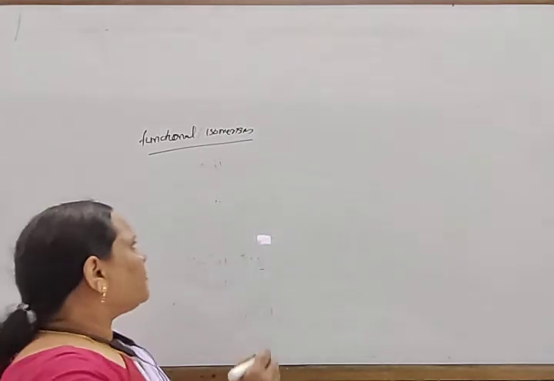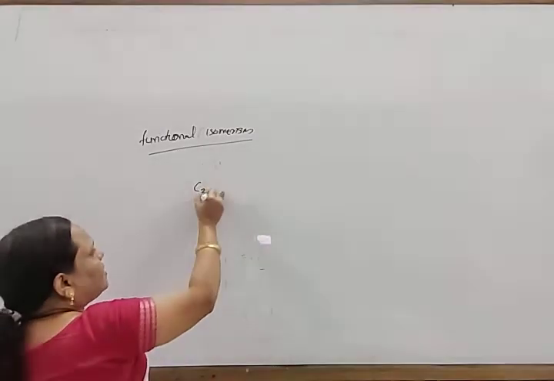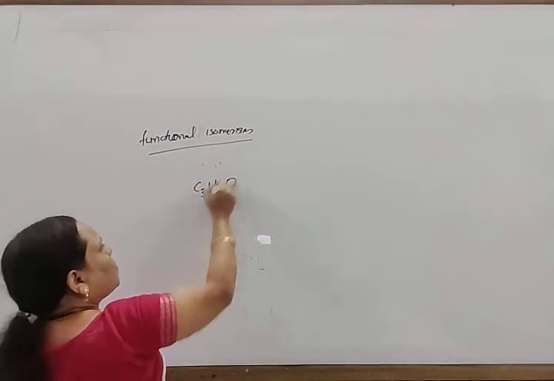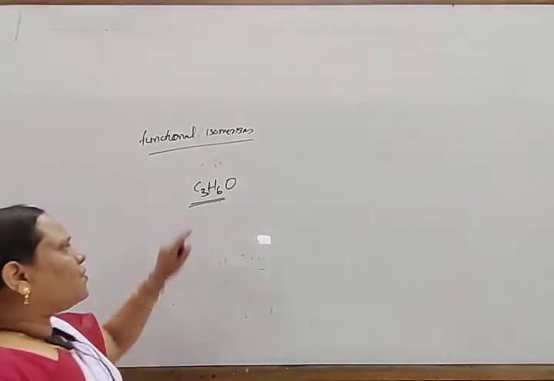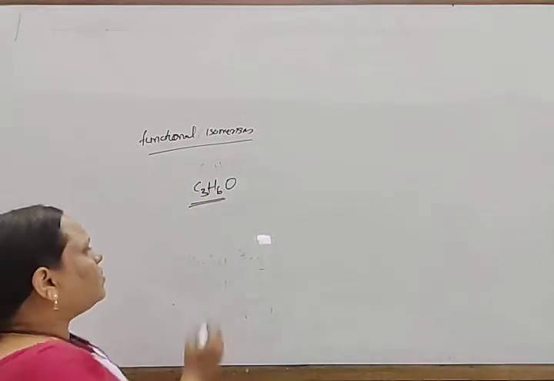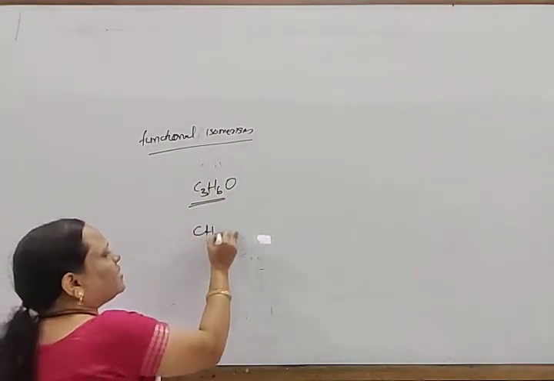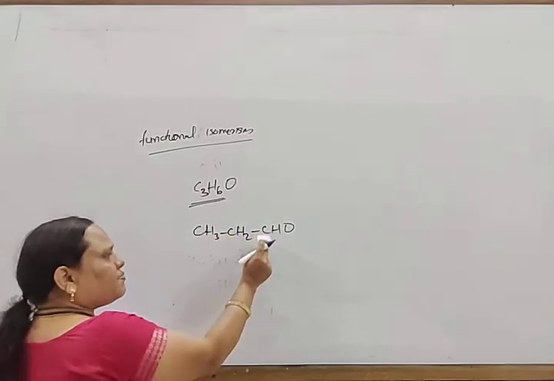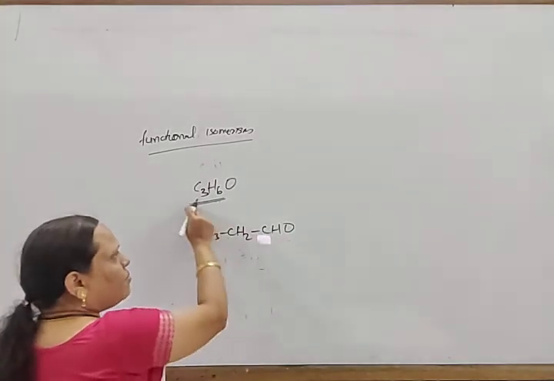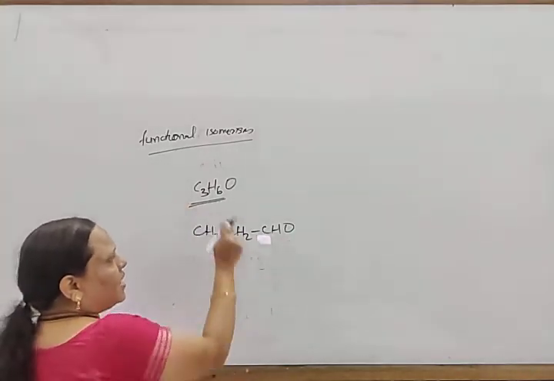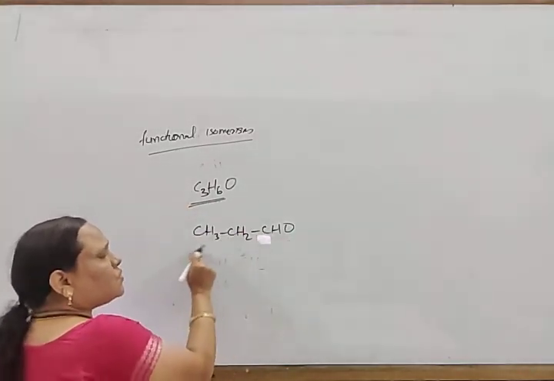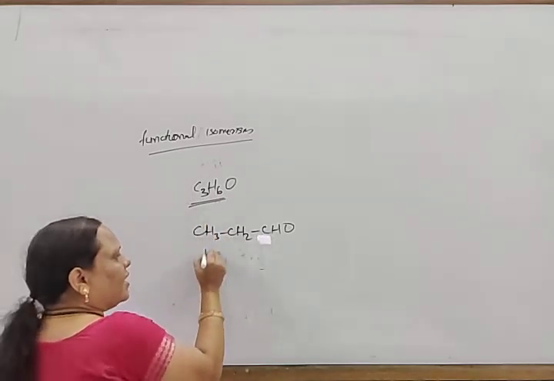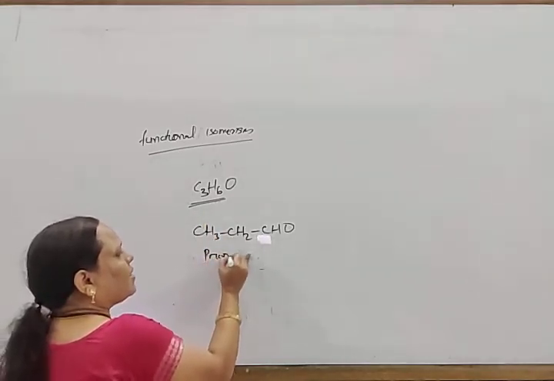Look here, I write the formula C3H6O. This C3H6O represents two compounds. One is CH3CH2CHO. This has the aldehyde functional group. Total carbon 3, total hydrogen 6, oxygen 1. So this is an aldehyde, that is propanal.